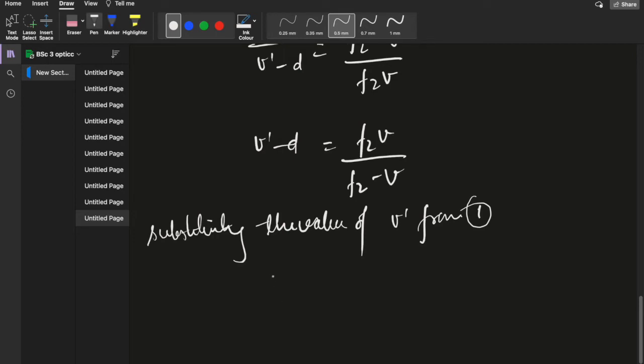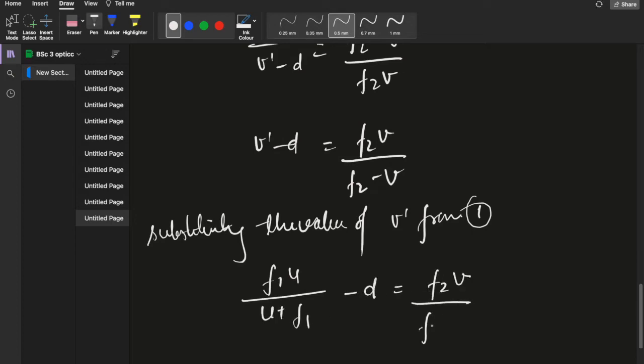So V dash is our 1U upon U plus F1 minus D, which is F2V upon F2 minus V.